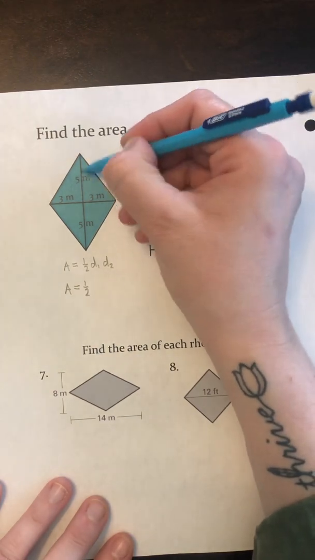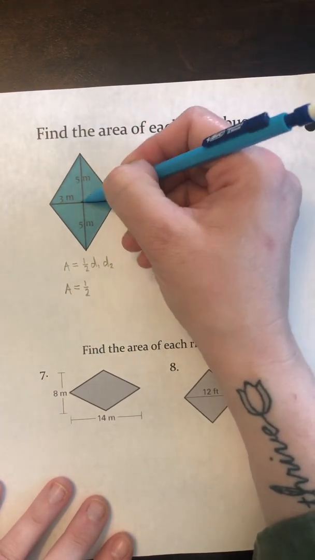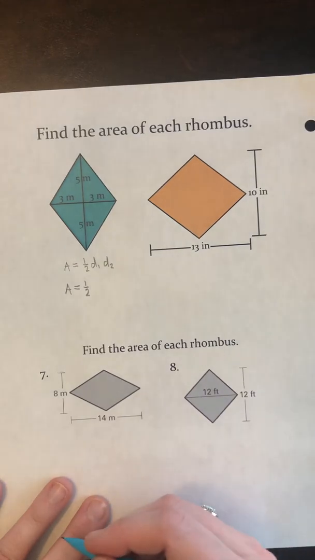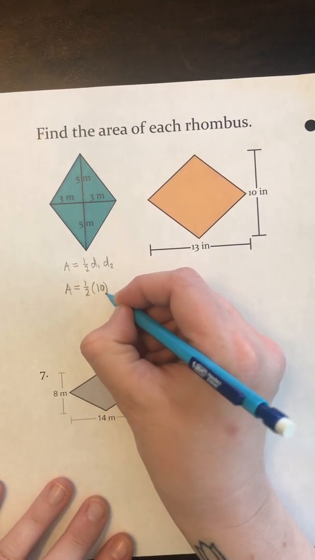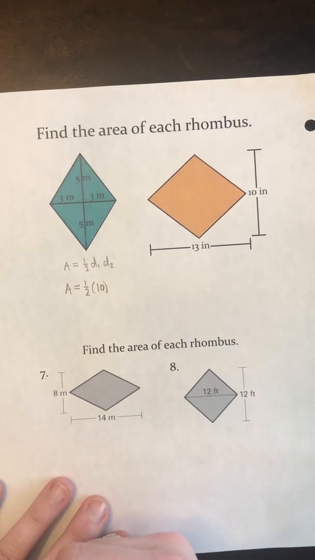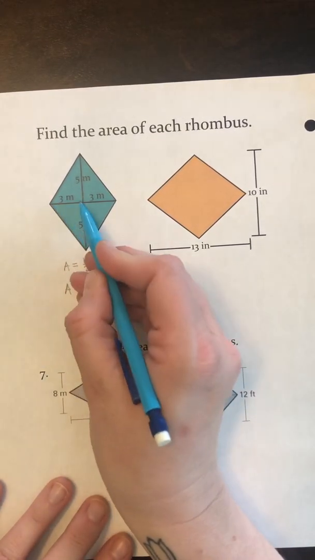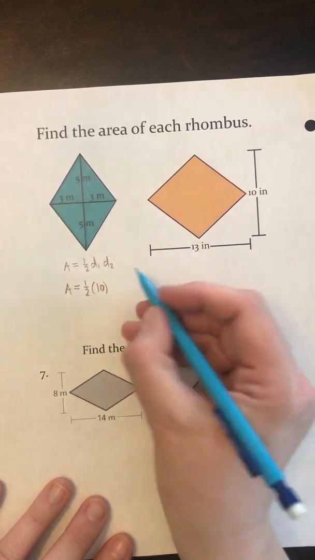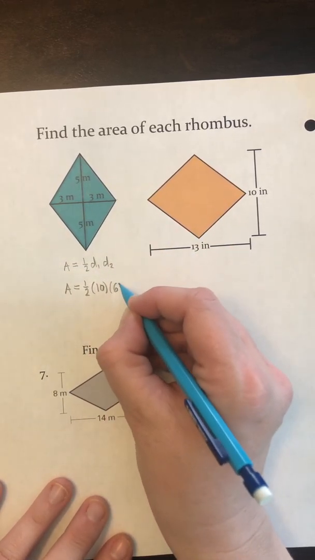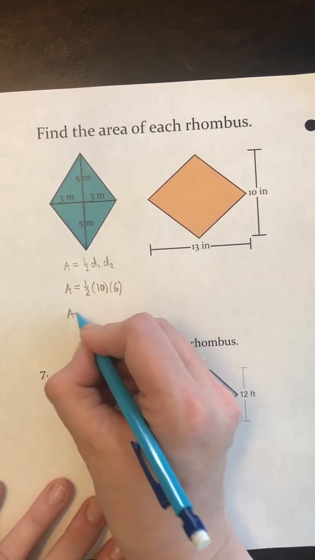I know that this is 5, and I know that this is 5. So that means that my entire diagonal there is a grand total of 10. Now let's do the horizontal diagonal. This is 3, and this is 3. So all the way across would be 3 plus 3, which is 6.